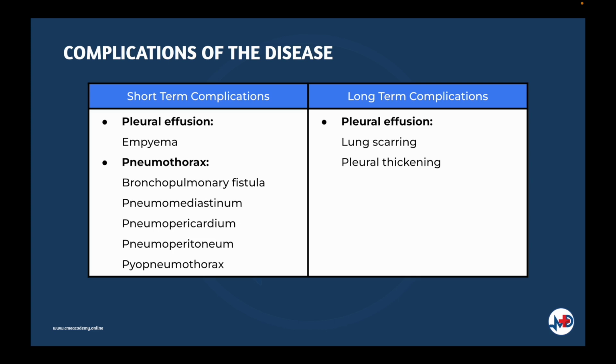As for the short-term complications, you may expect to see a bronchopulmonary fistula, which could be one of the underlying causes as well, pneumomediastinum, pneumopericardium, pneumoperitoneum, and pyopneumothorax. Long-term complications of pleural effusion include lung scarring and pleural thickening.